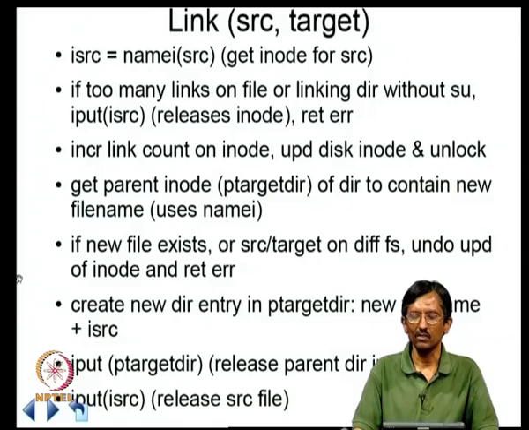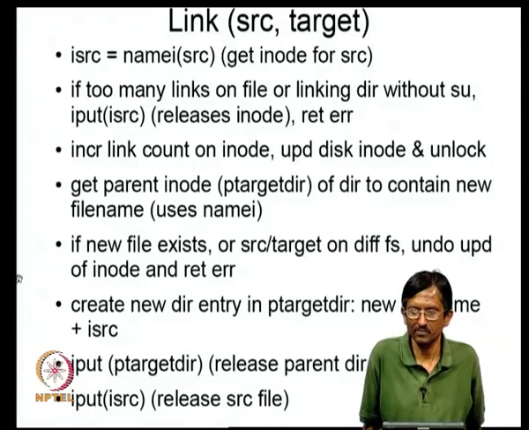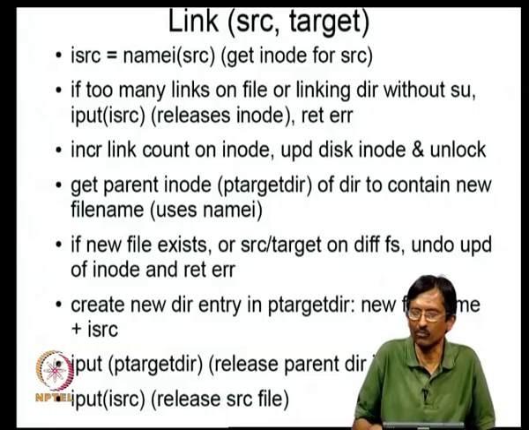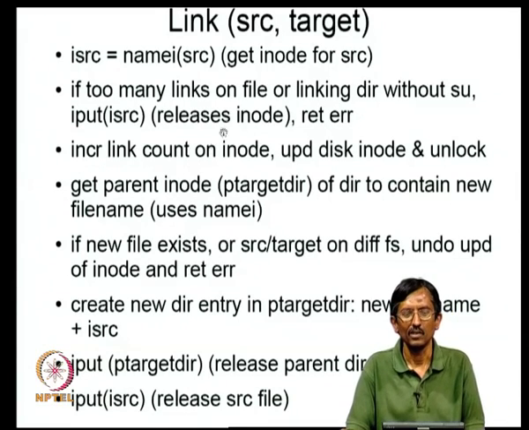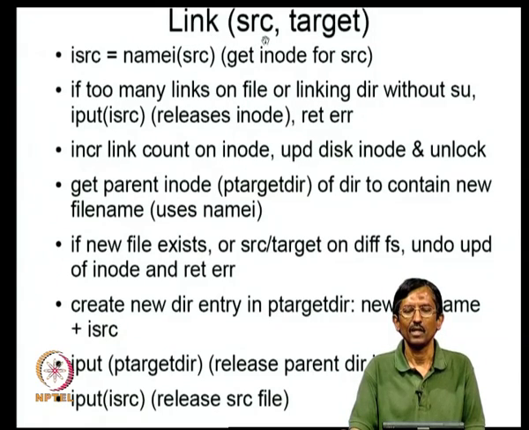Let us just quickly look at one particular operation to make certain things a bit more concrete. In POSIX kind of file systems, you have a notion of a link, and basically what is attempted is that there is a source file and you want to create a name in a particular directory which has the same inode as that of the source.